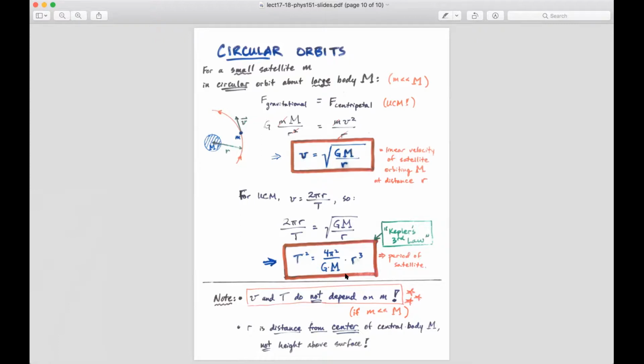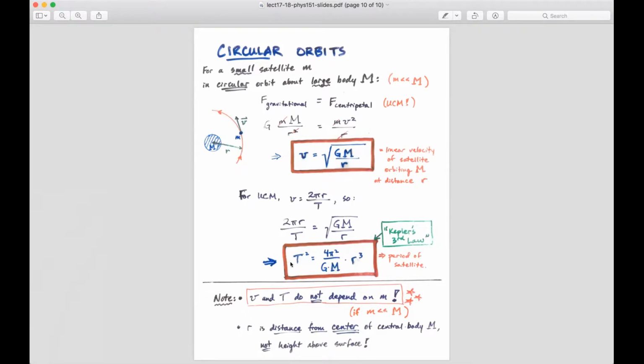The one last little warning I'm going to give you before we do an example with this is notice that big G, if you look it up, is in MKS units. So that means you have to make sure that orbital radius, mass of the central body, and period are all in MKS units as well. That's a little inconvenient because usually, although masses are often in kilograms, that's not so bad.